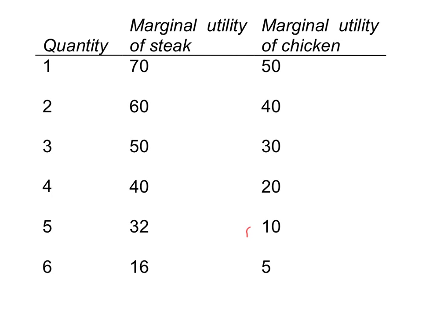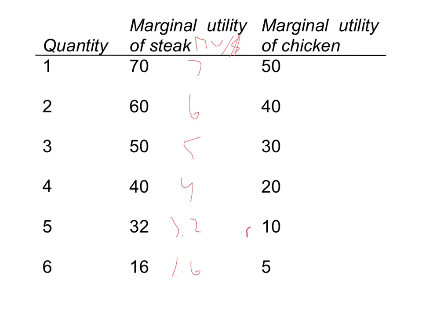So all we have to do is compute marginal utility per dollar. Again, price of steak is $10, so 7, 6, 5, 4, 3.2, 1.6.